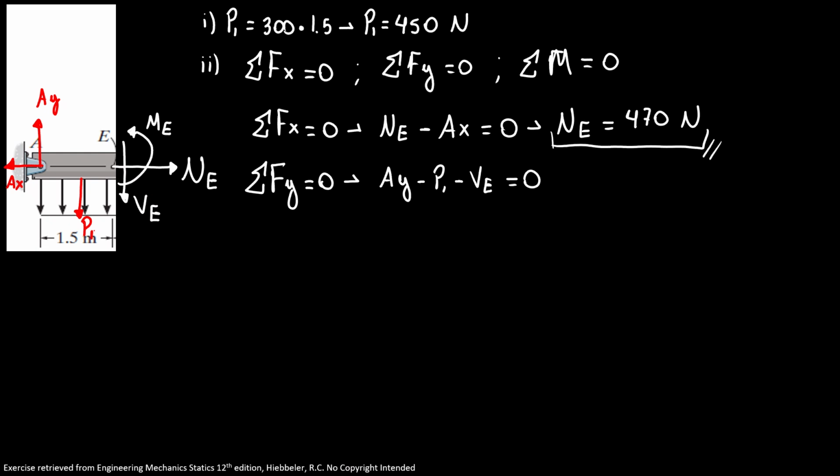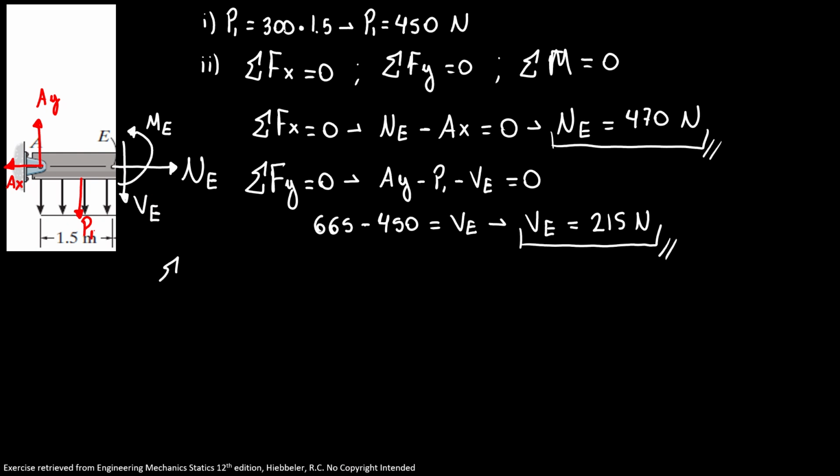So AY is 665 minus P1 450 is equal to our shear force at E. So our shear force at E is equal to 215 newtons.